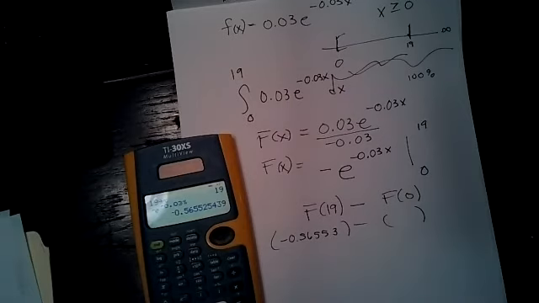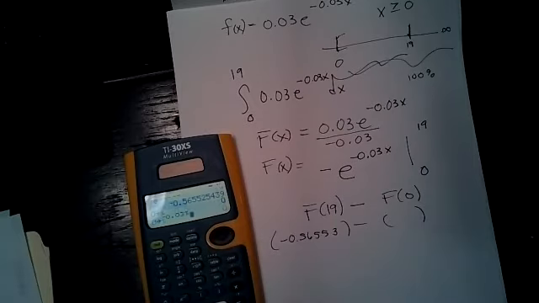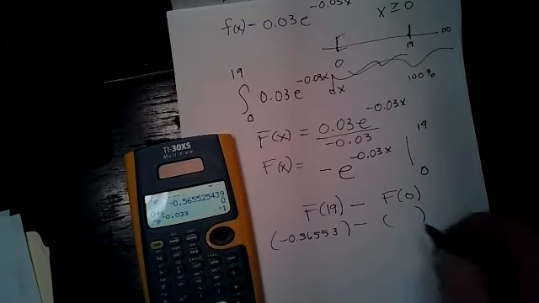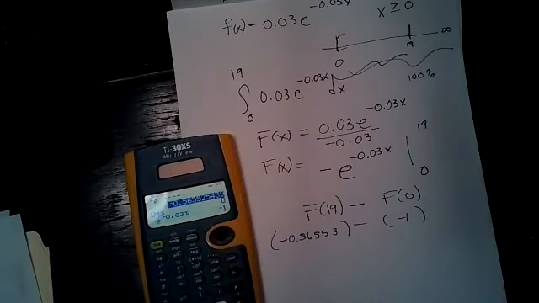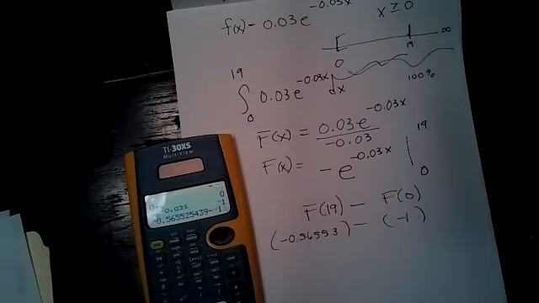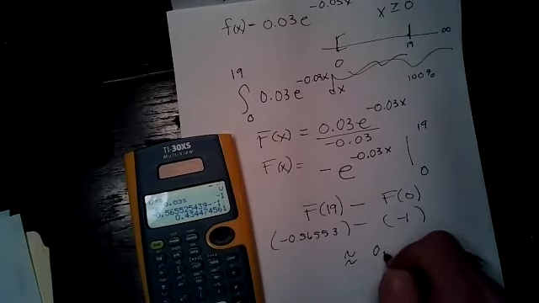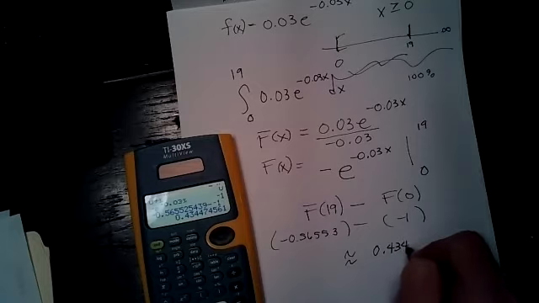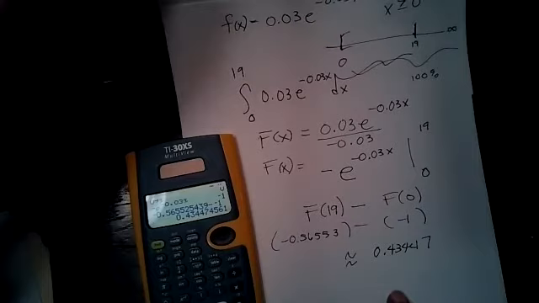Then when I do 0, store for x and enter, and go up to my antiderivative, I get negative 1. So I highlight my negative 0.5655 number, minus, grab that negative 1 and push enter twice, then I get 0.43447.